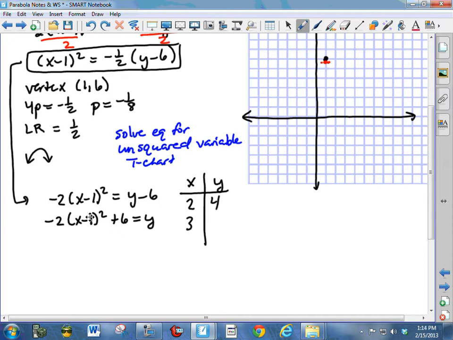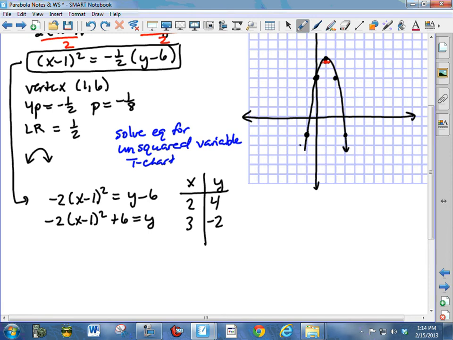If I put 3 in here, I would have 3 minus 1 is 2, so 2 squared is 4, times negative 2 is negative 8 plus 6 is negative 2. So I have the points (2, 4) and (3, negative 2). Then I can do the same thing on the opposite side of the vertex because there is symmetry, and then draw my parabola.